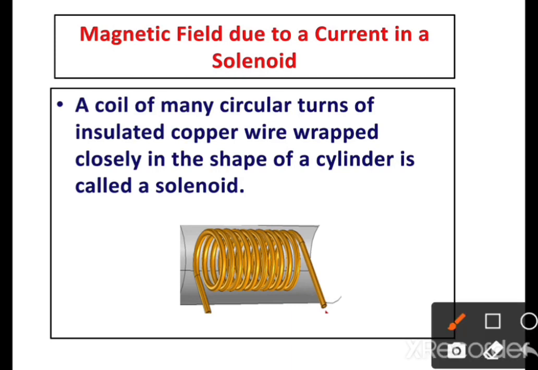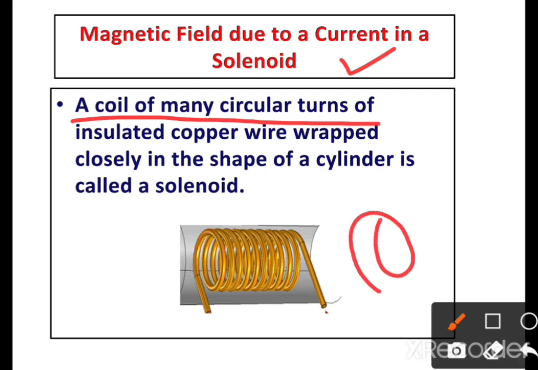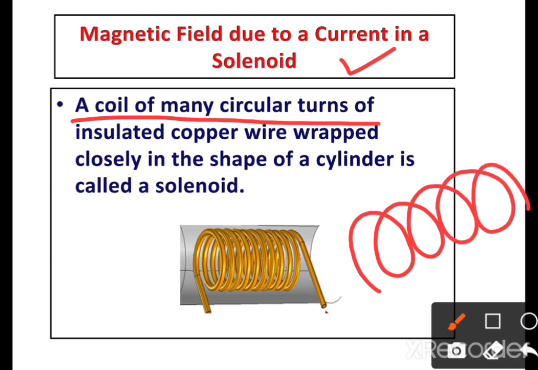The next topic is magnetic field due to a solenoid. A coil of many circular turns of insulated copper wire wrapped closely in the shape of a cylinder is called a solenoid.